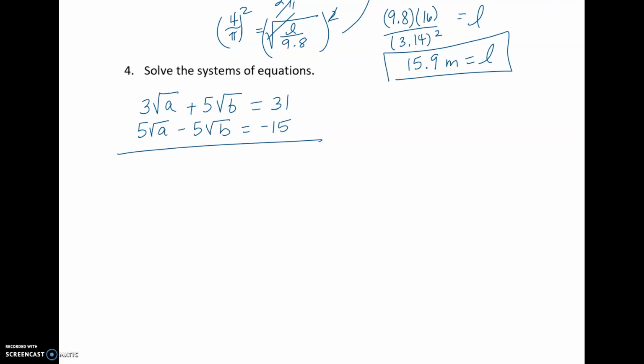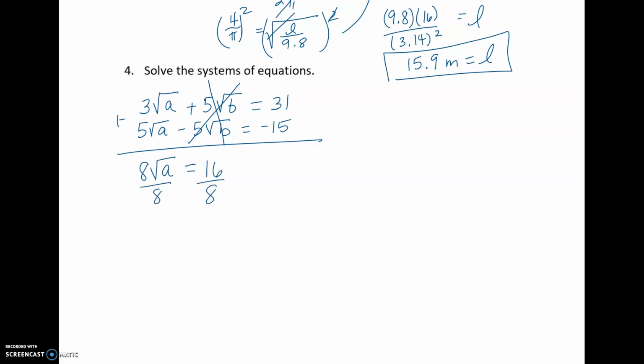So I would say the best way to solve this is by elimination, and I can eliminate my b by adding these, because 5 times the square root of b minus 5 times the square root of b, that's 0. So this gives us 8 times the square root of a equals 16.